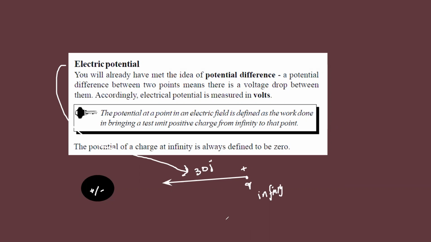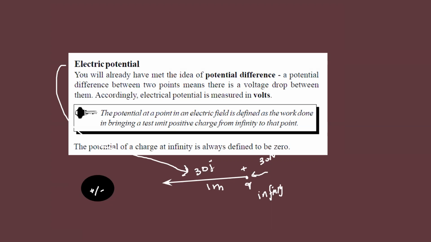Is the concept of electric potential clear? That's also called voltage. For example, you applied a force of 30 Newton and you moved this charge 1 meter. How much work is done on this charge? 30 Newton force multiplied by 1 meter, so 30 multiplied by 1, the work done is 30 joules.